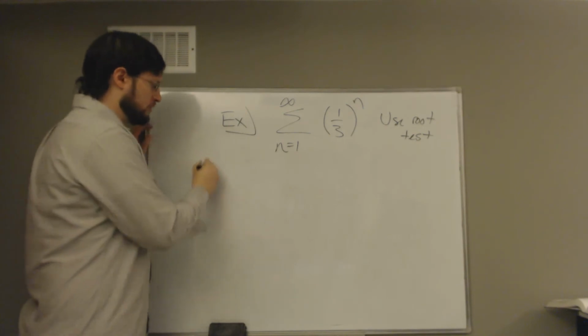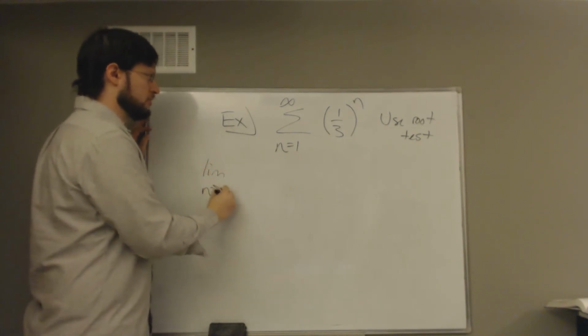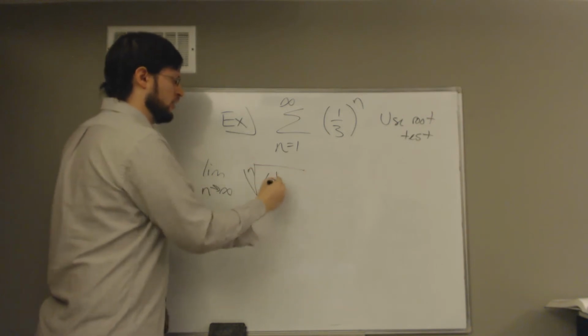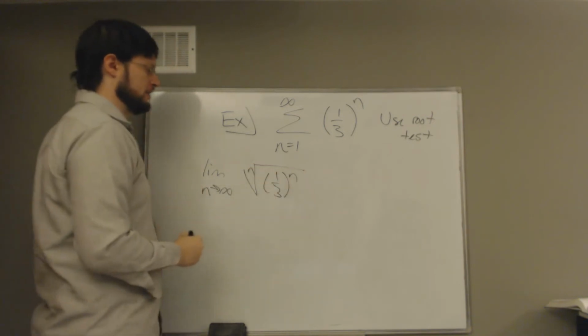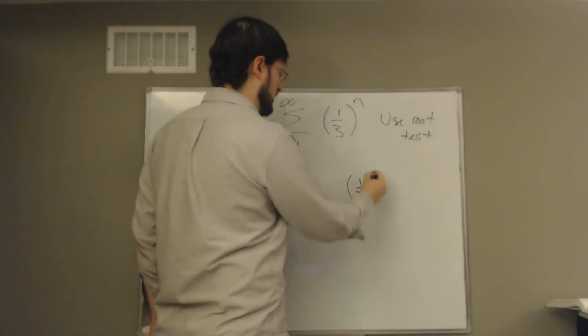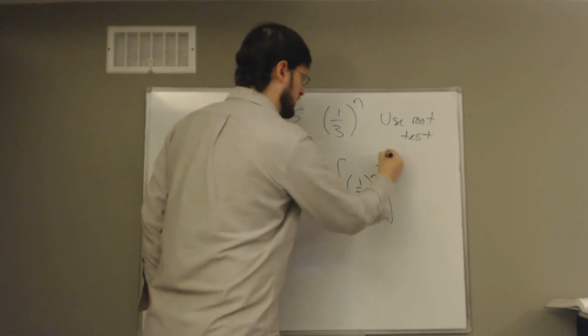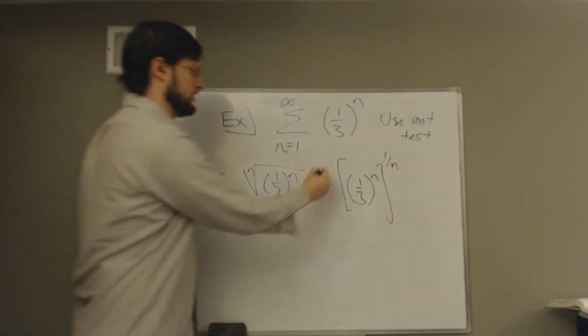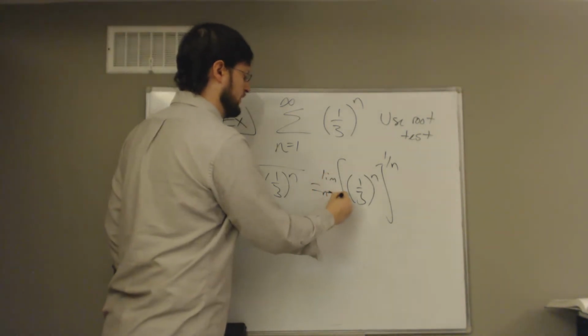According to the root test, we want to take the limit as n goes to infinity of the nth root of 1/3 raised to the n. But remember what the nth root is. The nth root is the 1 over n power. So this is still the limit as n goes to infinity.